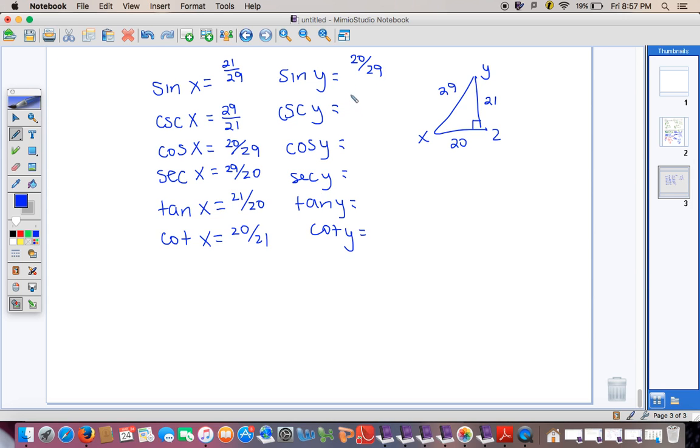So the cosecant of y would be 29 over 20. The cosine of y is 21 over 29. So the secant of y is the reciprocal, which is 29 over 21. The tangent of y is opposite over adjacent. So the cotangent of y would be 21 over 20.